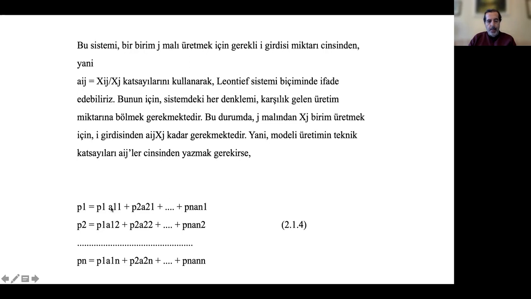A11 simply means that 1 unit of the first commodity, produced in the first sector, is used in the production process of the first good. This is the second good that is used as input in the production of the first good. We are talking about 1 unit, not total units.